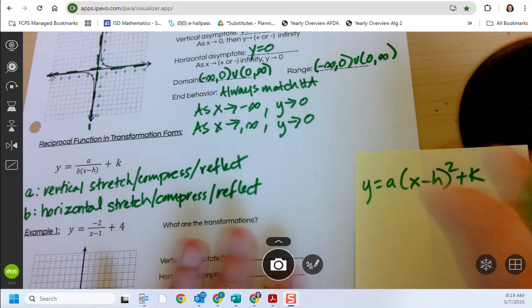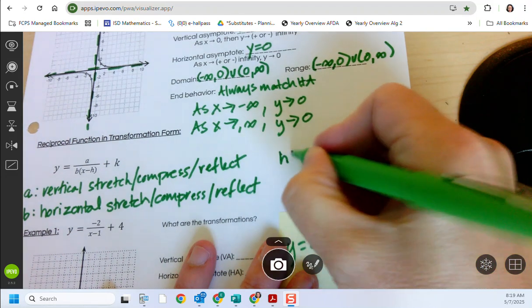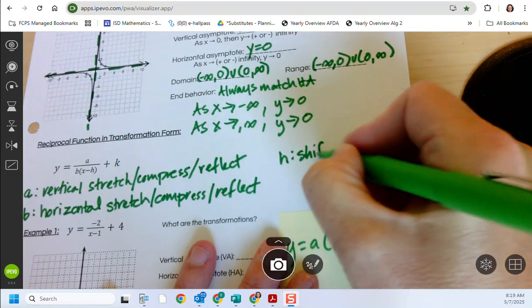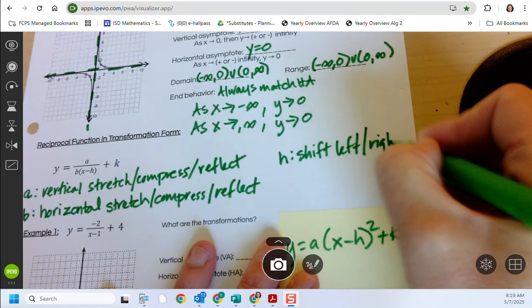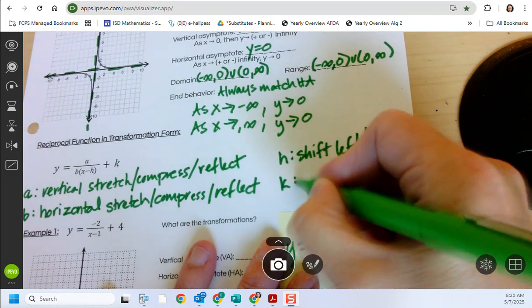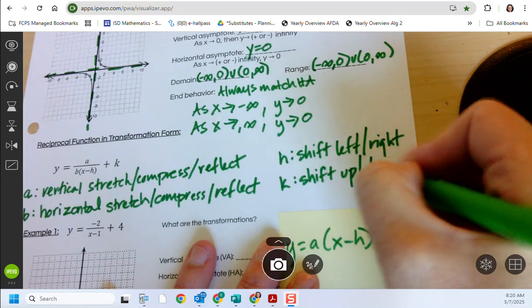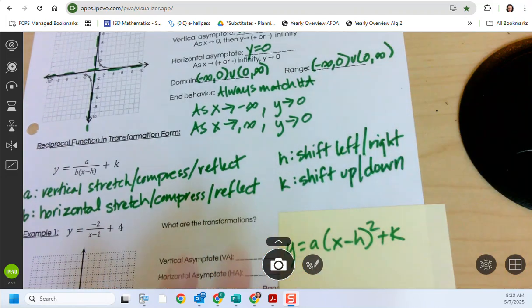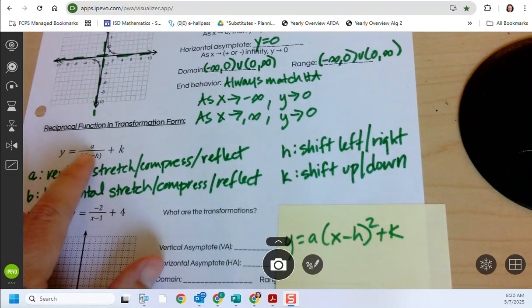Okay, so then we said the H is going to shift you left and right. The K is going to shift you up and down. Just like, remember how the H, when it says -5, it actually shifts you right 5?